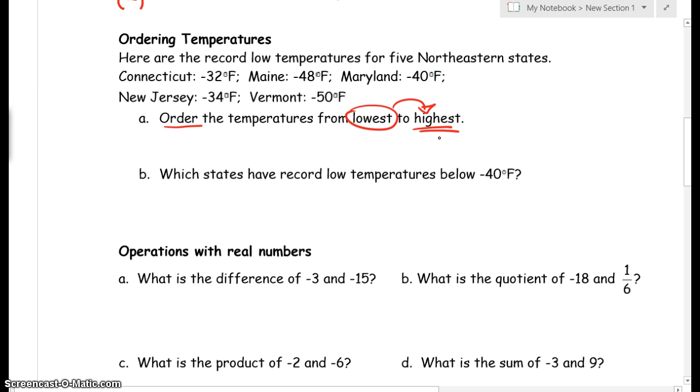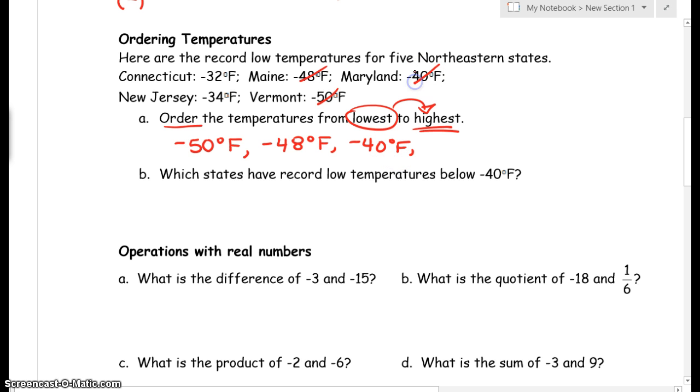So we need to get the smallest temperature first. The further you are from 0, the colder it gets. So negative 50 is definitely going to win that one. Negative 50 degrees Fahrenheit, then it would be negative 48 degrees Fahrenheit. After that will come negative 40 degrees Fahrenheit.